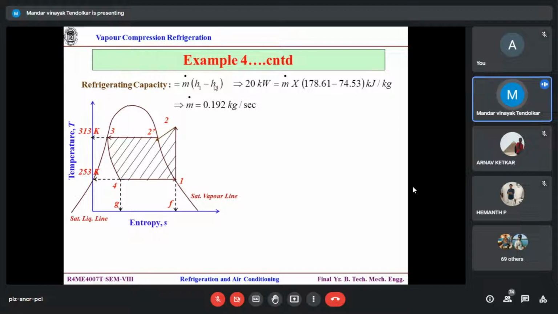Correct? Is equal to m dot into delta H. I don't know m dot value. That is the only missing part. And H1. H1 is this. Hg1. That is 178. Correct? H4. That is same as H3. That is liquid part. HF3. 74. So I can substitute and calculate only the unknown part, m dot. Is this calculation correct?